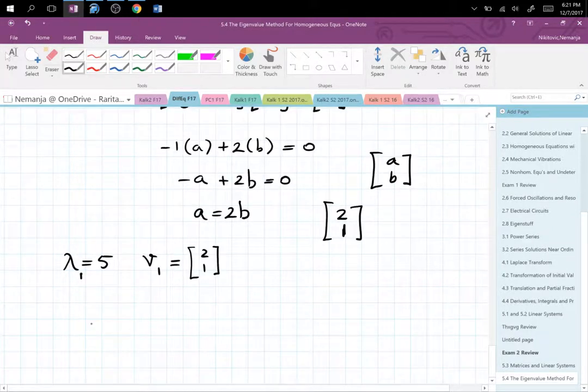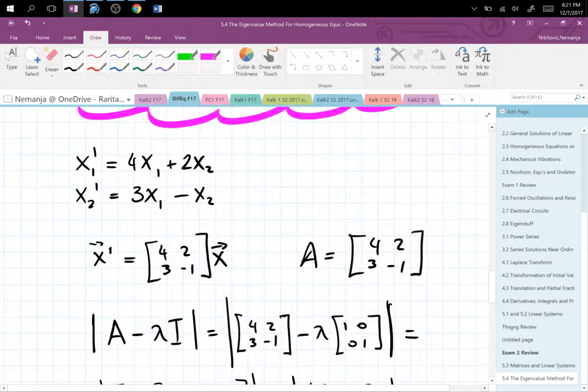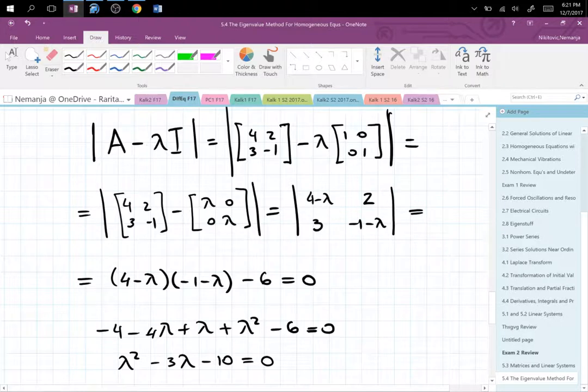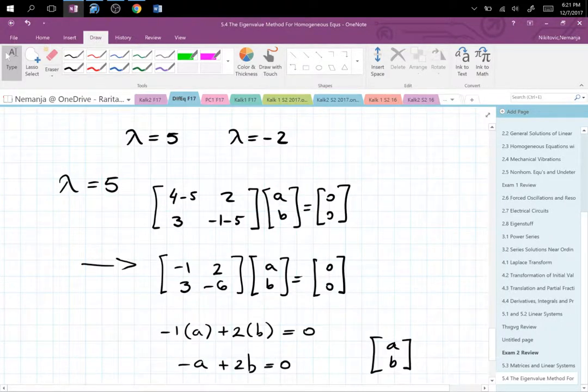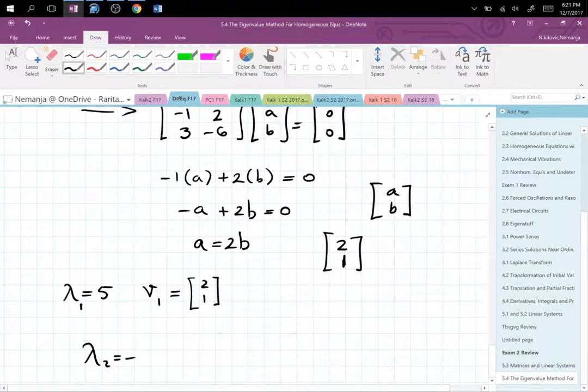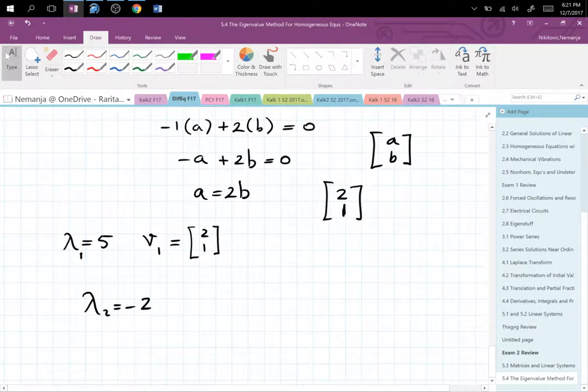So now we are working on lambda 2, which was -2. You will replace that for the lambdas in your matrix A. So what was the matrix A? It was 4 minus lambda.